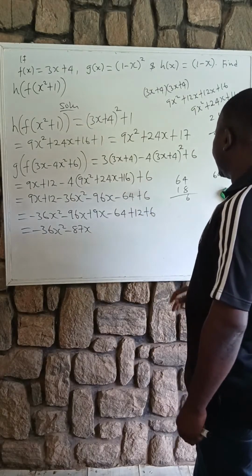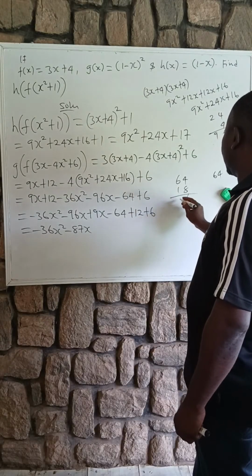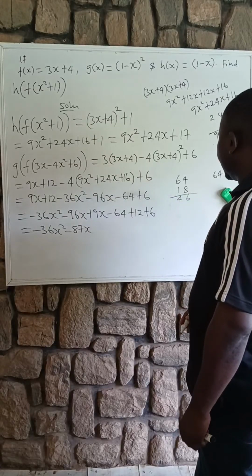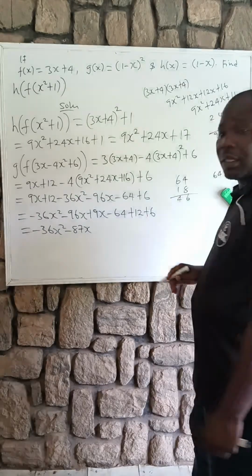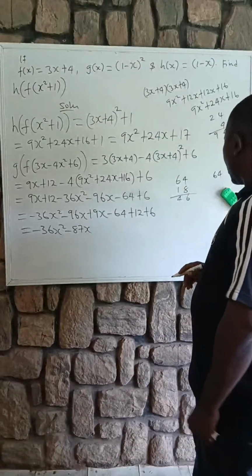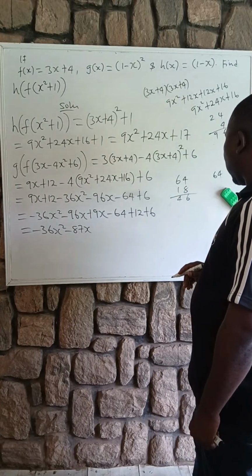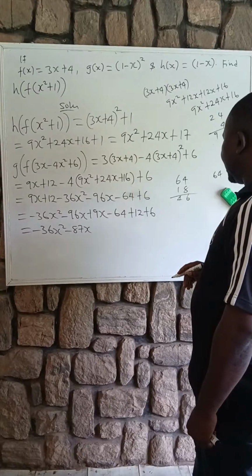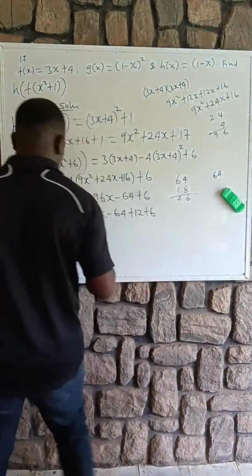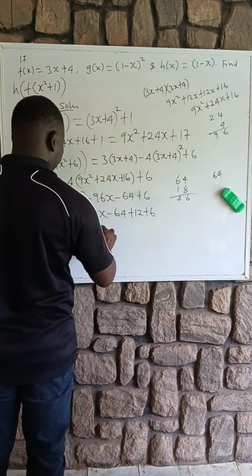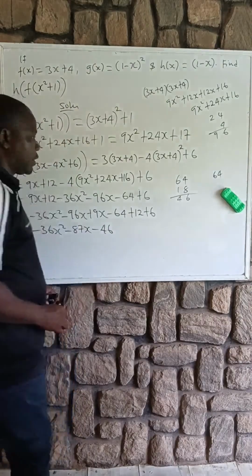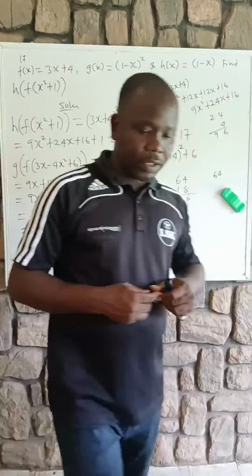Here is 5. 5 minus 1, 4, right? 46. Are we right? So here will be minus 46. Any question?